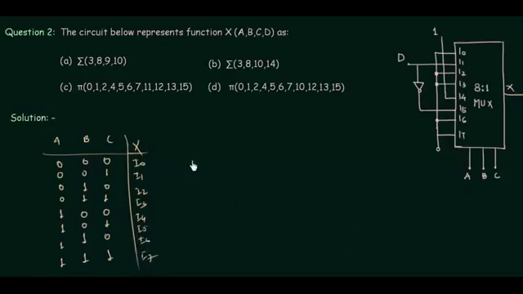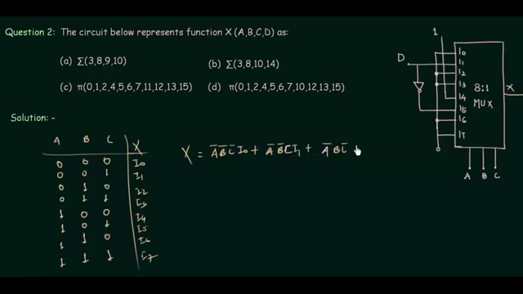Now we have to find out the Boolean expression for x. So x is equal to A complement B complement C complement I0. I will write it down very quickly. You can also do it by yourself.